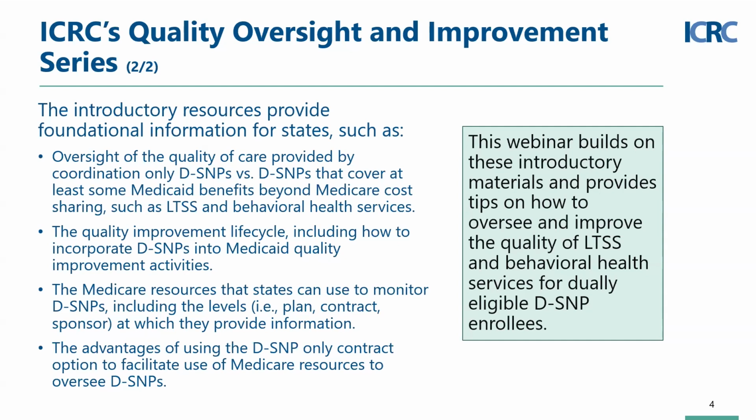The resources also explain what Medicare resources are available to states to monitor D-SNPs, including the level at which they provide information, such as the plan, contract, and sponsor levels.